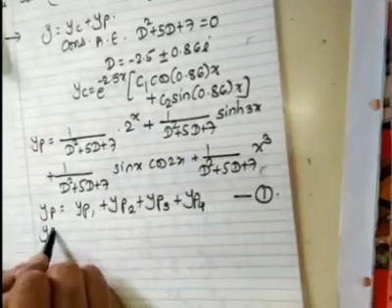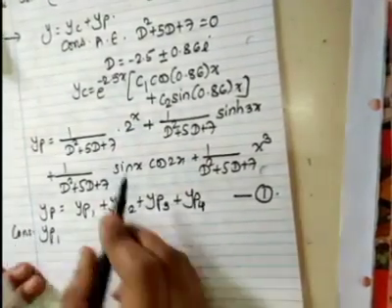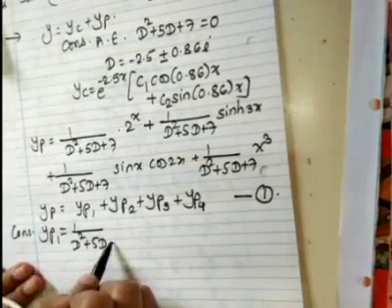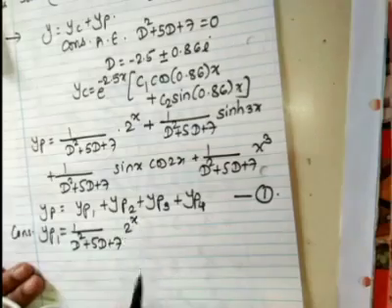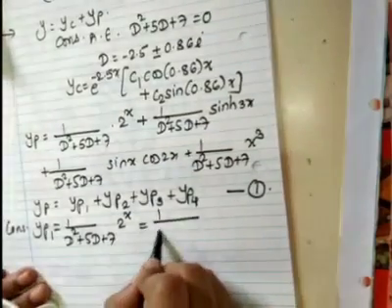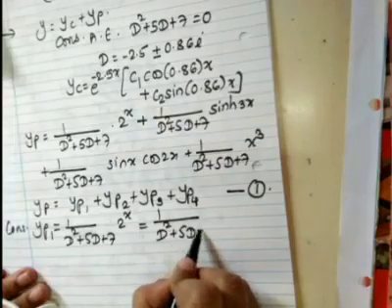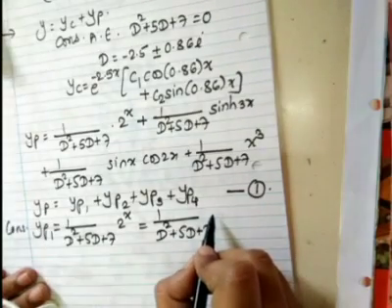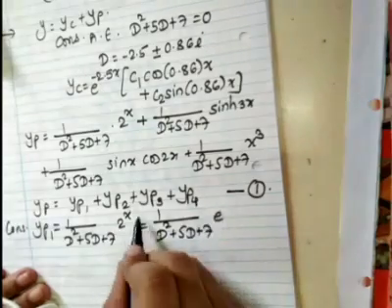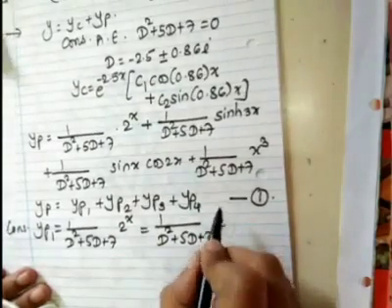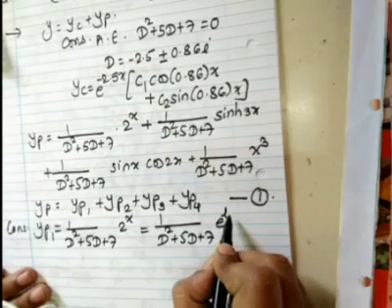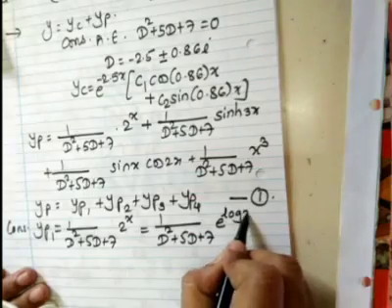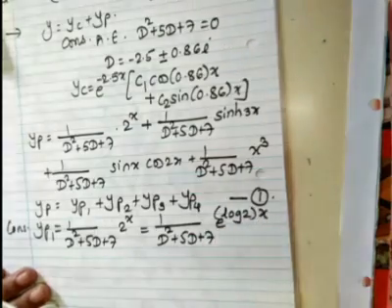So we'll consider yp1, that is 1 upon d square plus 5d plus 7 into 2 raised to x. 2 raised to x can be written as e raised to log 2 into x.